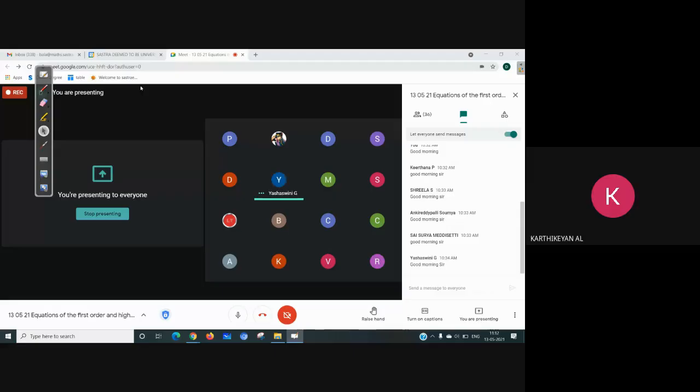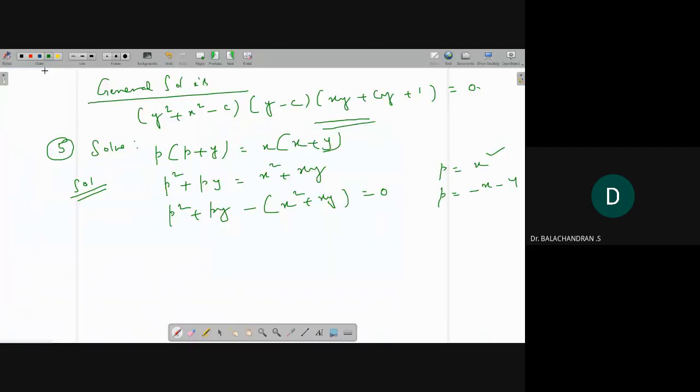Integrating factor, using formulas. Yeah, integrating factor. Okay, but first you should tell how to write the general form. This is not in the form, but you should write it in the correct form.